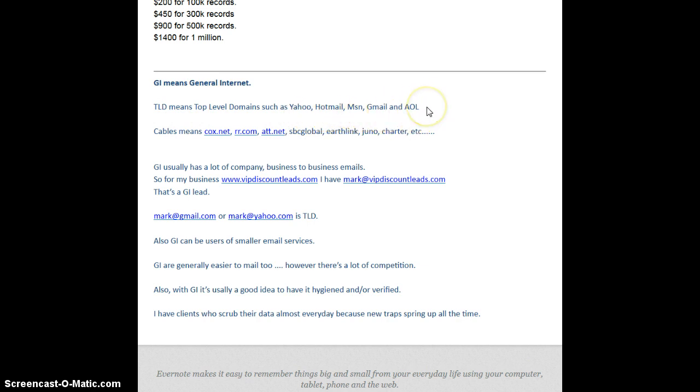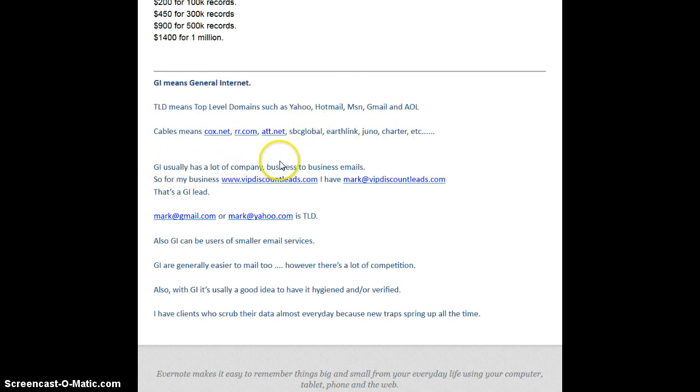Obviously, those are well-known, and they have most of the emails on the internet. Cables means Cox.net, Roadrunner.com, AT&T, SBC Global. You can kind of get an idea, cable companies, that kind of domain. And so GI is everything outside of these two categories.